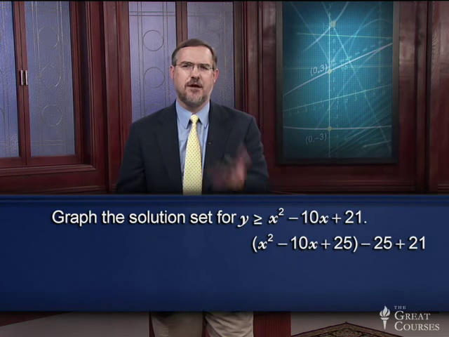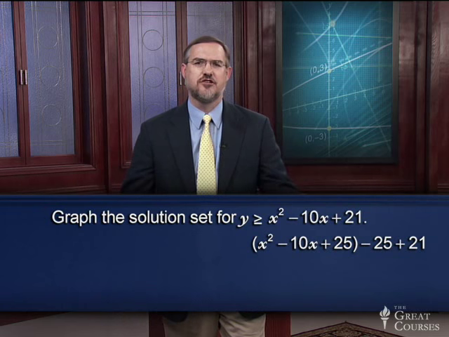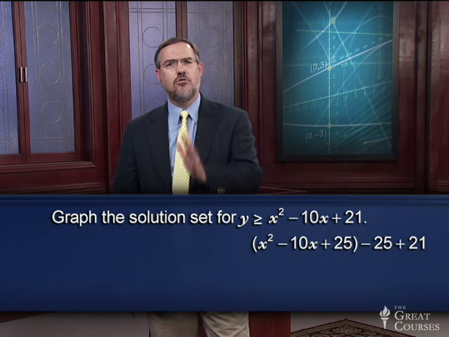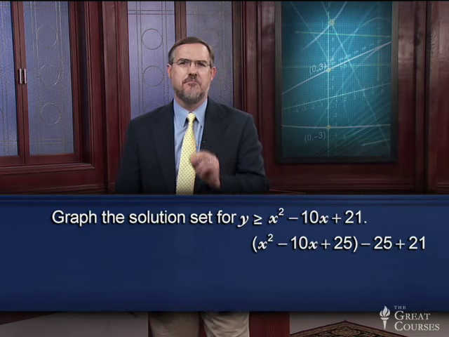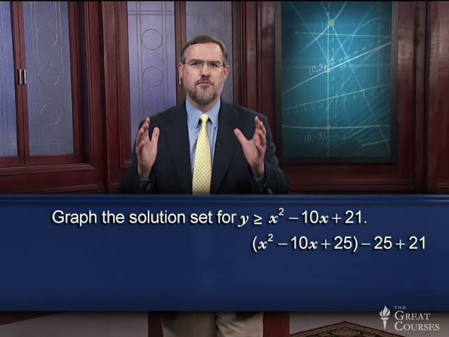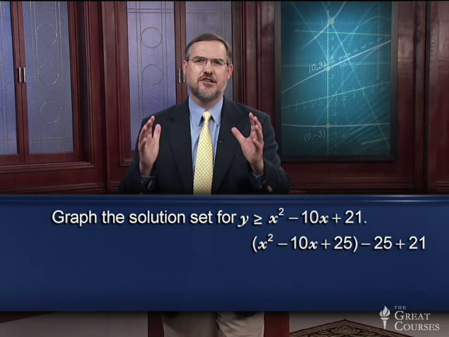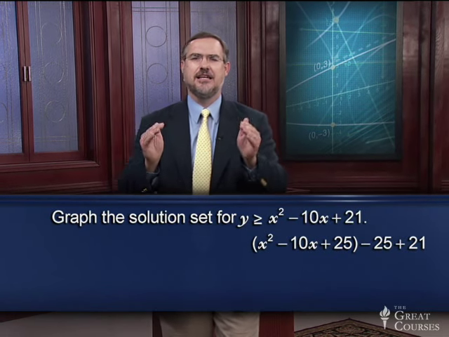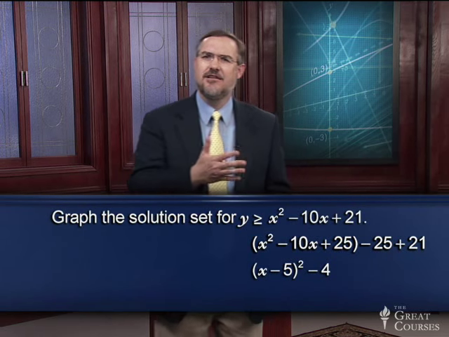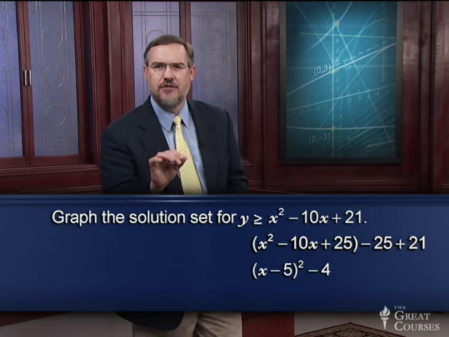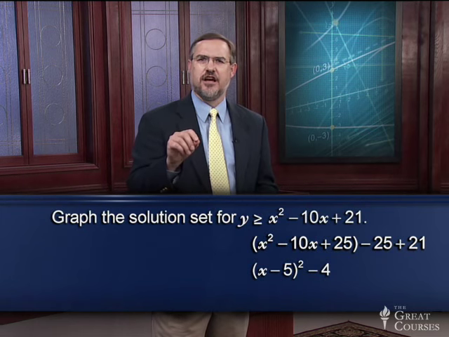Remember, plus 25 minus 25 is like adding 0, so it's like doing nothing. And then I put the positive 25 with the x squared minus 10x, and I group those together. x squared minus 10x plus 25 is exactly x minus 5 squared. And at the end of everything, I have a negative 25 still plus 21, which is negative 4.